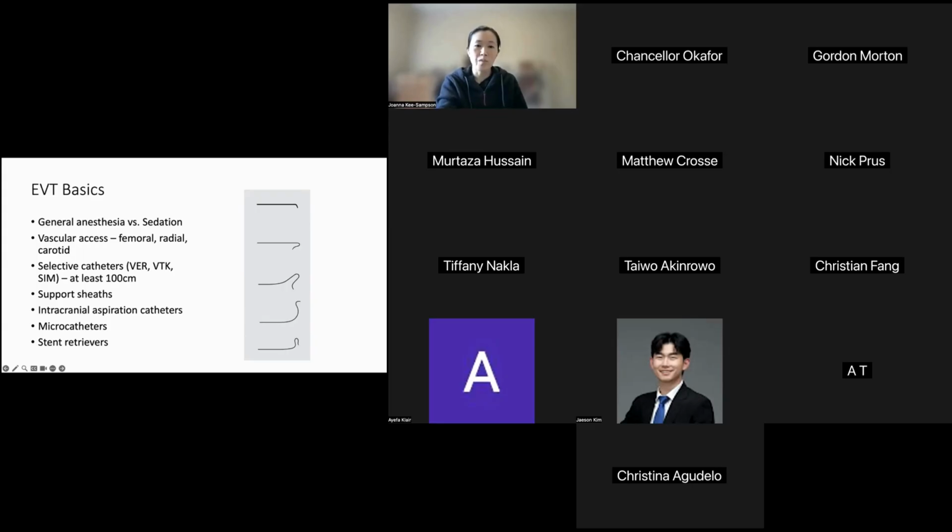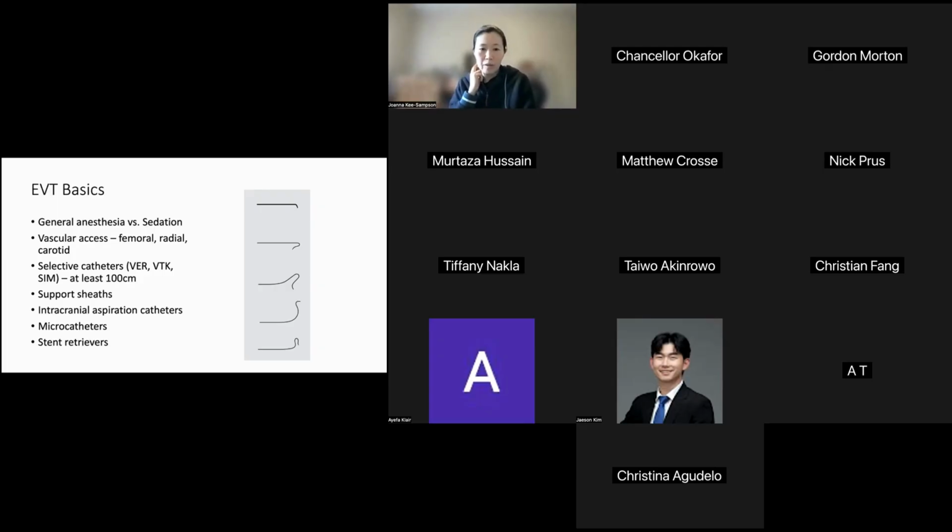Those catheter shapes are very helpful in selecting the great vessels off the aortic arch. And then the next thing is a support sheath. You have to have a stiff enough support sheath to maintain access into the carotid artery.